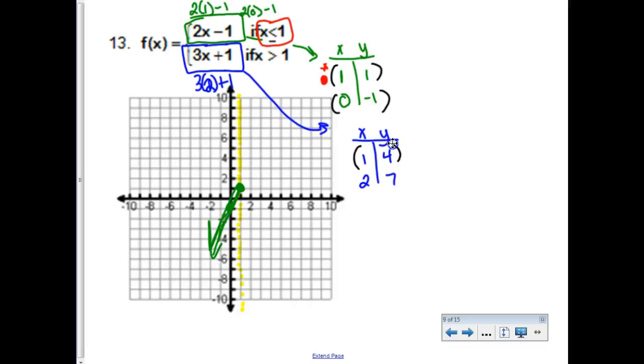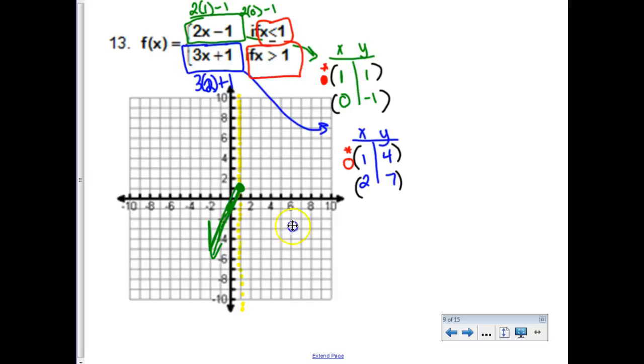So each one of these ordered pairs I need to plot, but not yet. Hold on. Remember how I made you stop and think about that first boundary line point? This first guy? I want to know if that point even exists, or if maybe I have to put an open circle. And for that, you look back right here. Open circle. Why does it have to be an open circle? Does not have an equal to bar on the boundary line.